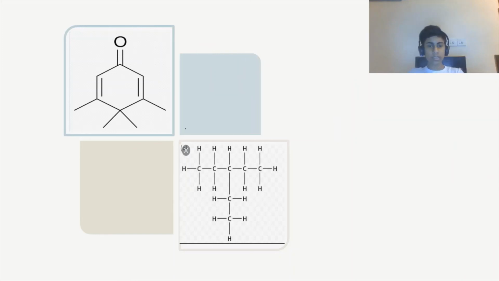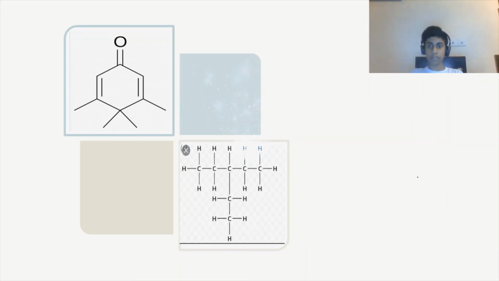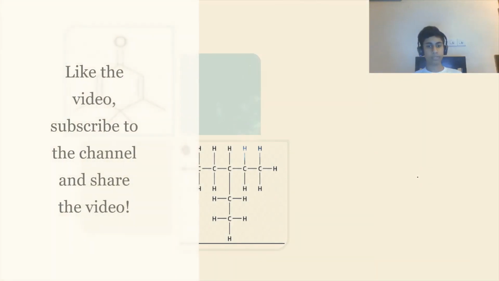Now the thing is, its common name is just penguinone. Penguinone. This is the beauty of organic chemistry. Sometimes the IUPAC name is so easy, sometimes the common name is so interesting.